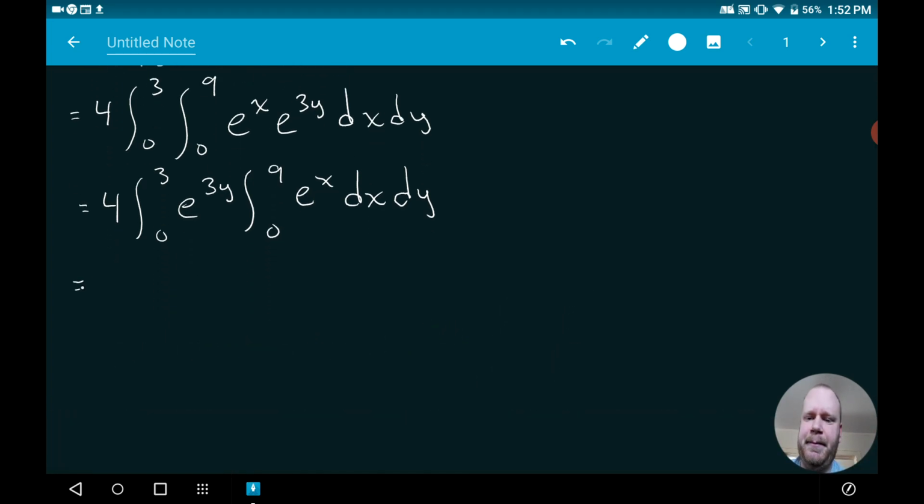Okay. The integral of this thing is e to the x, so I'm going to do 2 steps in one. E to the 9 minus e to the 0, which is 1.